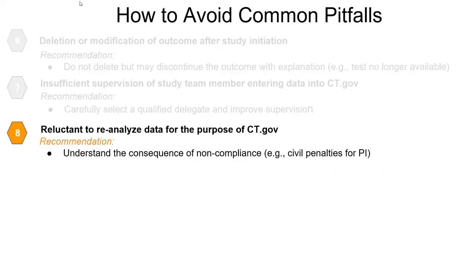For example, when you report summary results, you need to report the appropriate measure type and its precision, for example, mean with standard deviation, median with interquartile range, etc. Sometimes the PI doesn't have it at hand and then they have to reanalyze it. At such times, in general, we have encountered some PIs who show such reluctance. So our recommendation is that the PIs understand the consequence of non-compliance, for example, civil penalties.